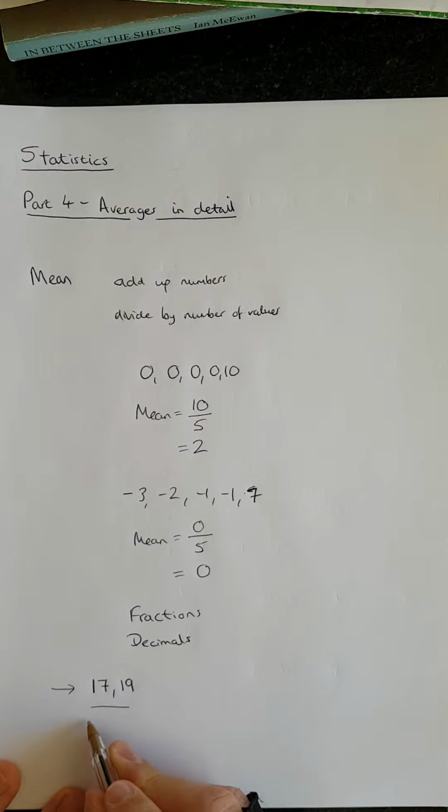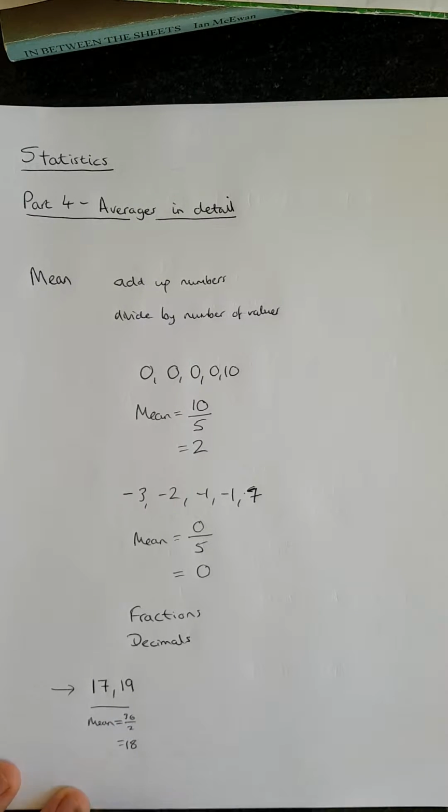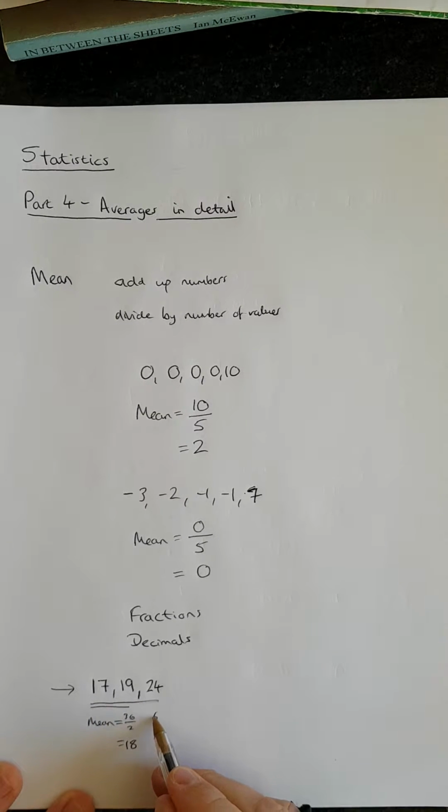Now I can work out the mean after just 2 scores, which will be 36 divided by 2, which is 18. The next test score is 24. So the mean of the 3 scores now is 60 divided by 3, which is 20. Notice how the mean is changing.